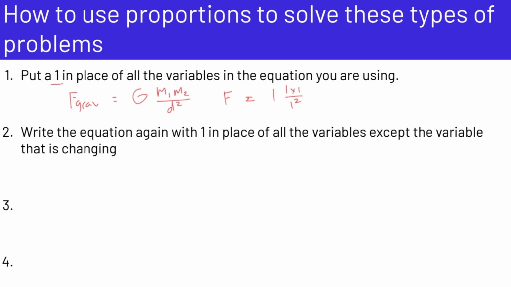Step 2. We write the equation again with 1 in place of all the variables except the variable that is changing. Let's say the problem said that mass 1 is doubled.